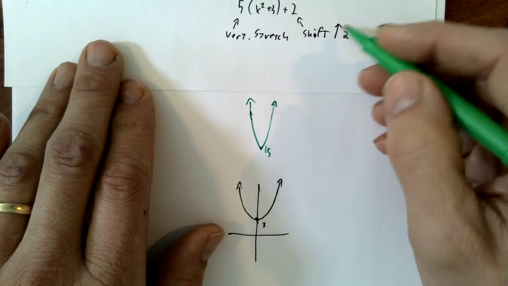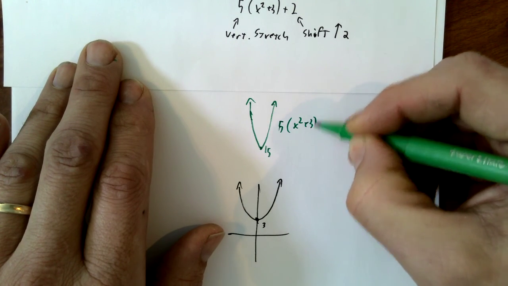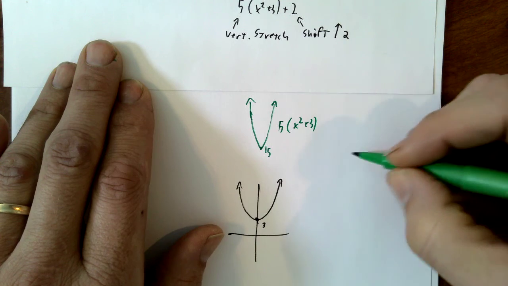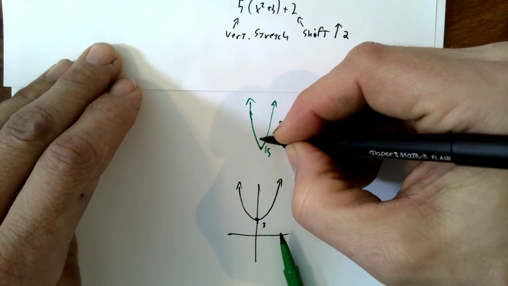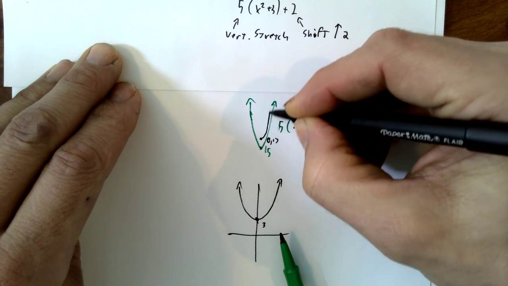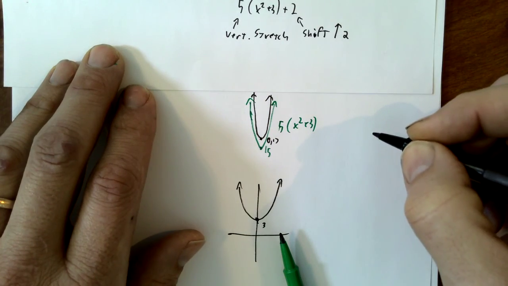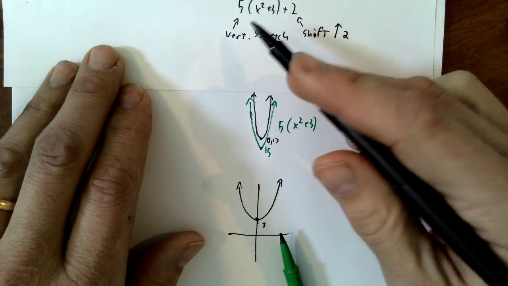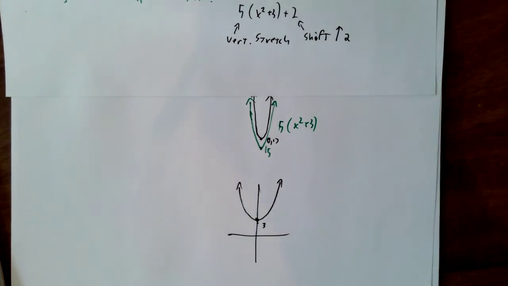And then if I add 2 to that, if I do the plus 2 also, it's going to move the whole thing up, just shift it up 2 units. So it's going to start at 17. And it's going to have the same shape as this one, but just shifted up 2 units more. So those kinds of transformations of the graph are a kind of composition of functions.